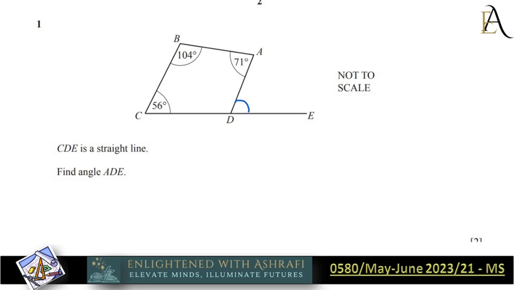ADE. To calculate that, first we'll calculate this angle by using the property that all the angles in a quadrilateral add up to 360, and after doing that we'll use the linear pair property to find this angle. So let's start.